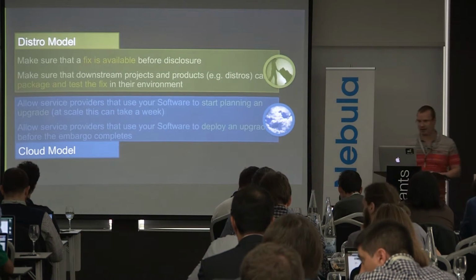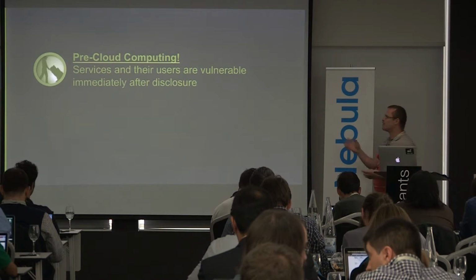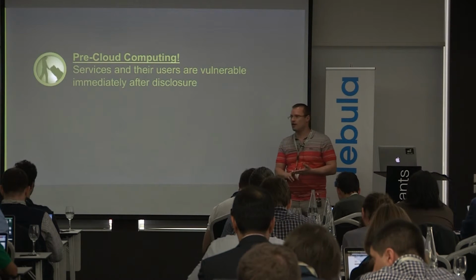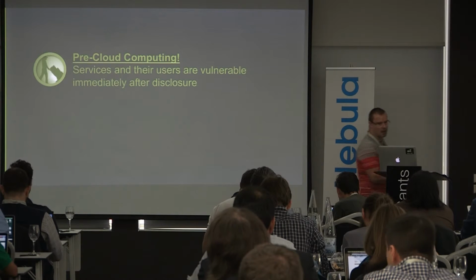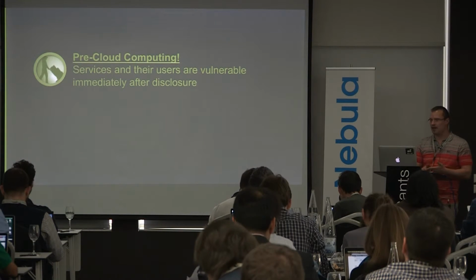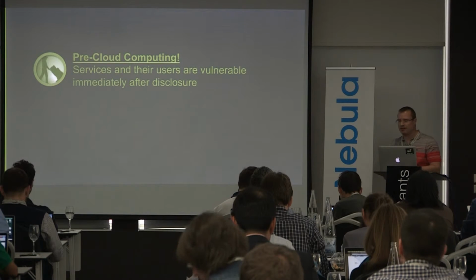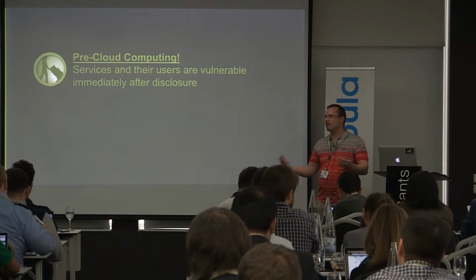Now, it's actually interesting if you dig into this a little bit deeper, right? The distro model of pre-disclosure really emerged before cloud computing. What's noticeable there is that services and their users are treated like any other user.